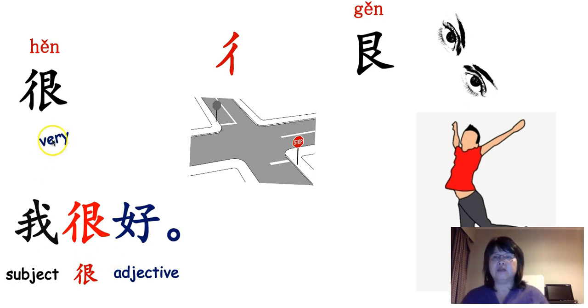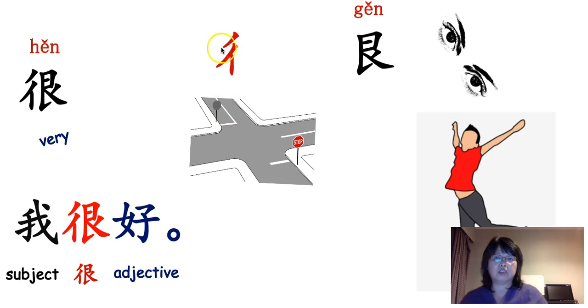Let's have a look at the character 很. This character has got two parts. We have seen the single person radical, and when we put another slash on top of it, it becomes a double person radical. Originally, this started from a crossroad.